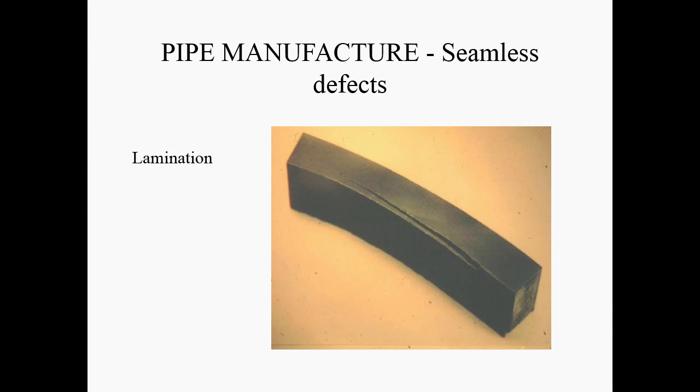You can get lamination. So one of these surface laps can actually run during the process into the material, because what you're doing is connecting up the inclusions in the pipe. Now these are not rolled plates, so there's not lines of inclusions, but there still are the odd inclusion in the plate or in the billet that was being used.